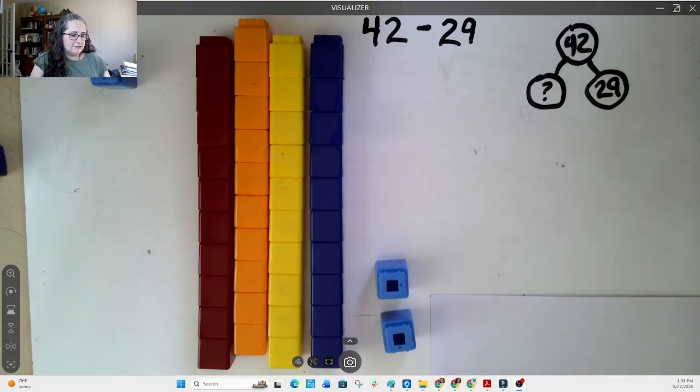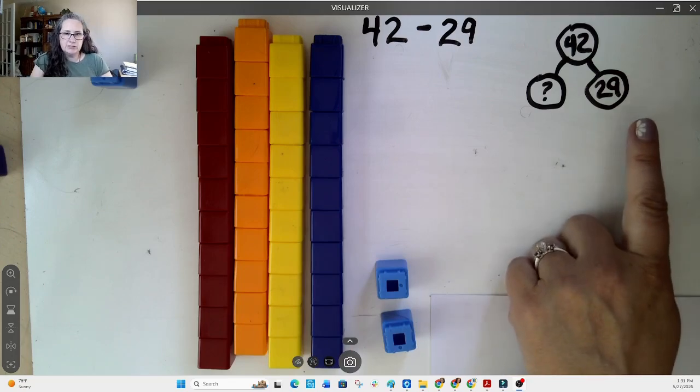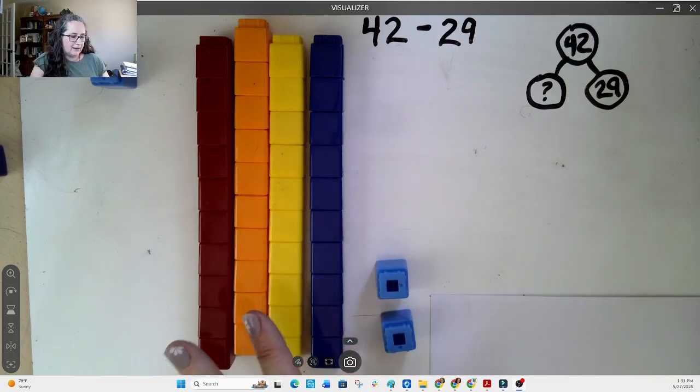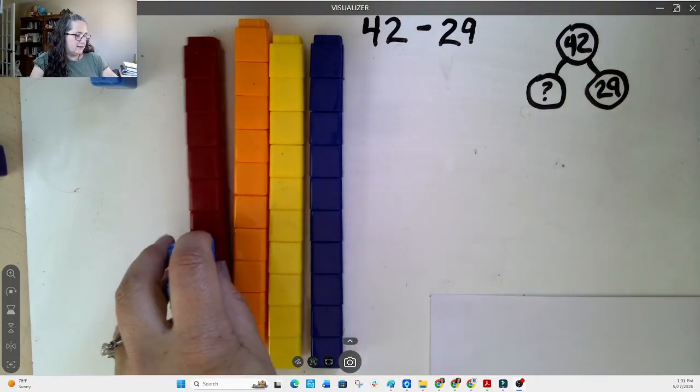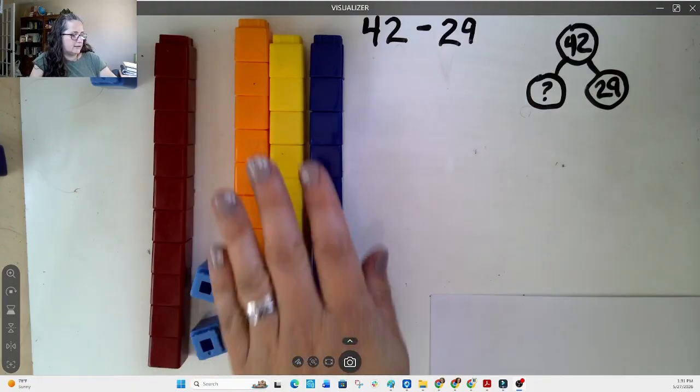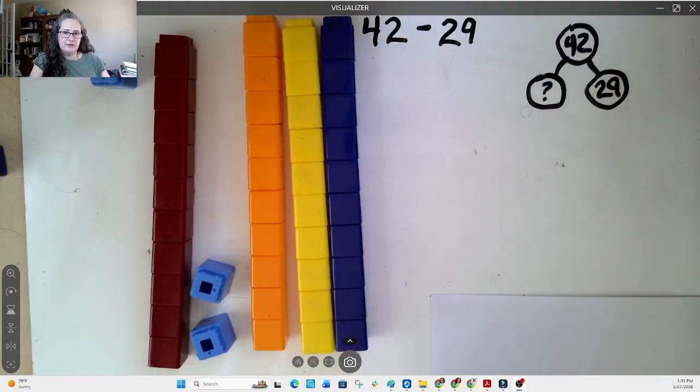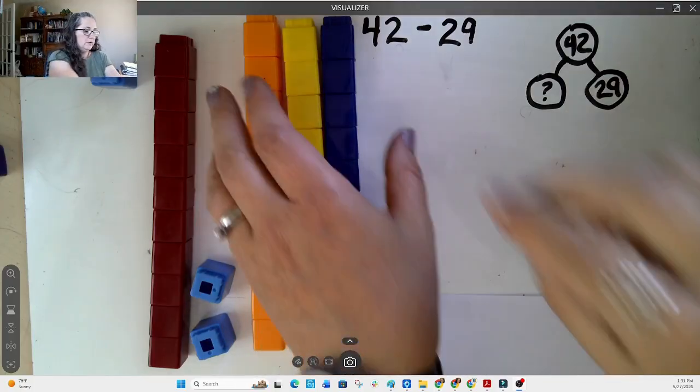So I'm going to take away 29, which I could do. That would involve a lot of counting back. I could also see that 29 is almost 30. So let's put these to the side and think about 30. If I take away 29, it's only 1 away from 30. So that means 30 minus 29 equals 1.